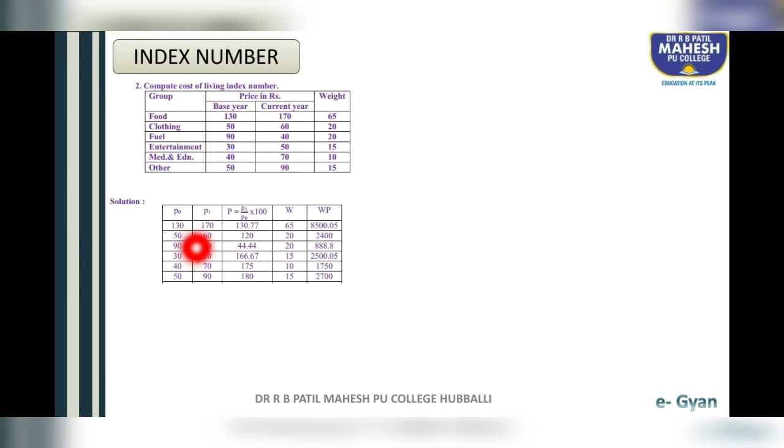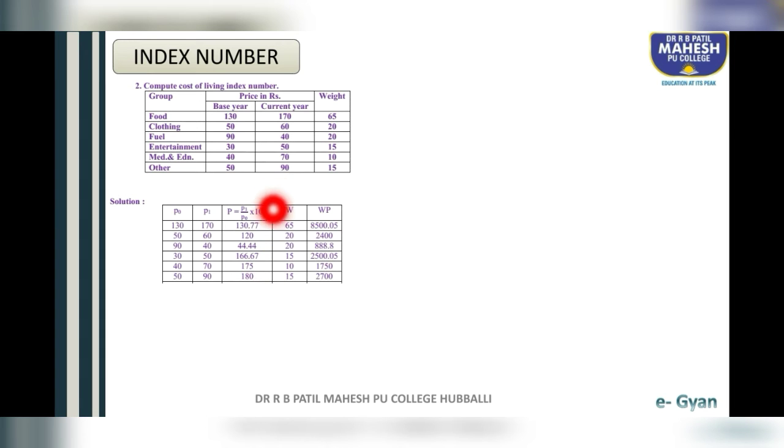So 170 divided by 130 into 100 is 130.77. 60 divided by 50 into 100 is 120. 40 divided by 90 into 100 is 44.44. 50 divided by 30 into 100 is 166.67. 70 divided by 40 into 100 is 175. 90 divided by 50 into 100 is 180.